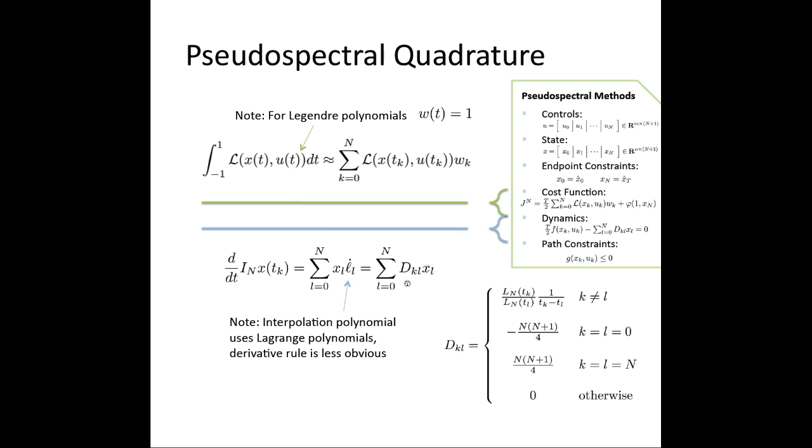For the Legendre Gauss-Lobatto scheme, it's given by these expressions, where most of the entries in this dense differentiation matrix are ratios of the Legendre polynomials evaluated at interpolation points.